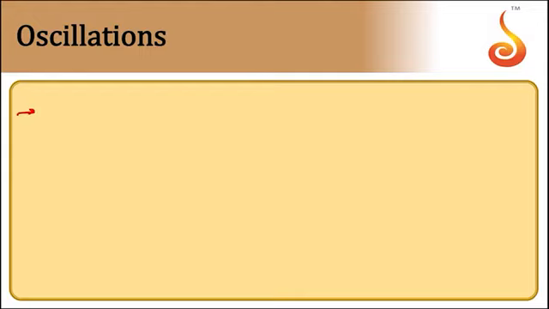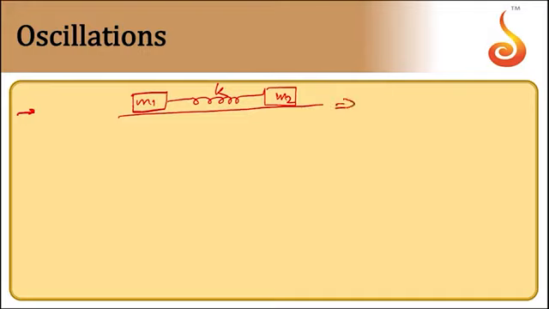If there are two blocks connected to one spring of this form, K, M1, M2, then what you can do is replace those two masses by one mass. This is equivalent to a spring mass arrangement like this. We call this the equivalent mass.